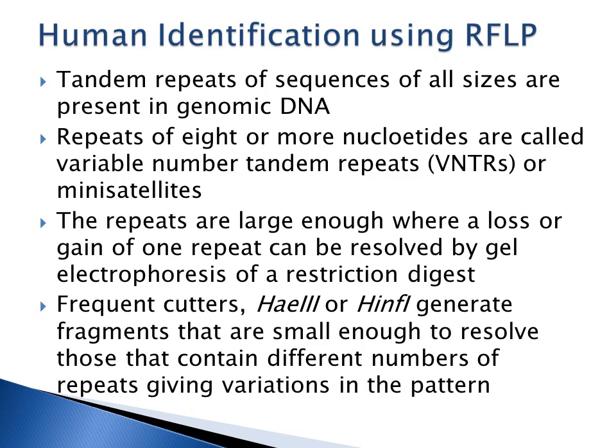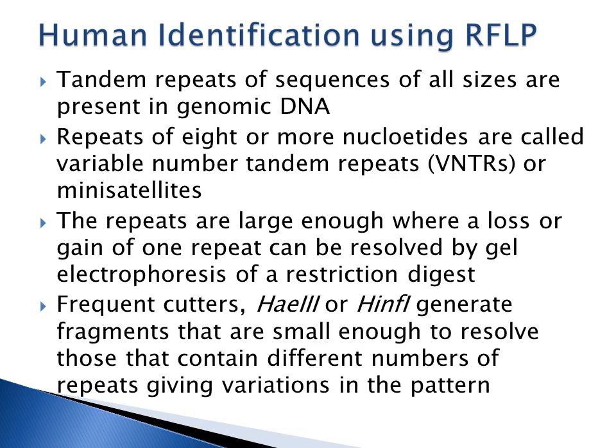Many times when you want to do this type of banding pattern or restriction fragment length polymorphism, you're going to use restriction enzymes that are frequent cutters, meaning that they cut very often in a DNA sequence. They recognize very small nucleotide sequences, only 4 or 5 nucleotides that are present very commonly throughout the genome.